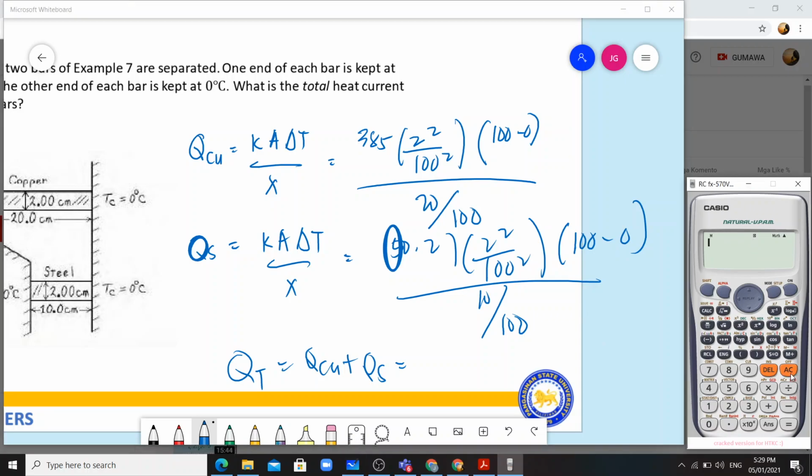So, that is equivalent sa 385 times 2 squared over 100 squared times 100 minus 0 over 20 over 100, 77. 77 plus, palitan na lang natin ang values. 50.2. Okay. Tapos ito palitan natin ng 10.